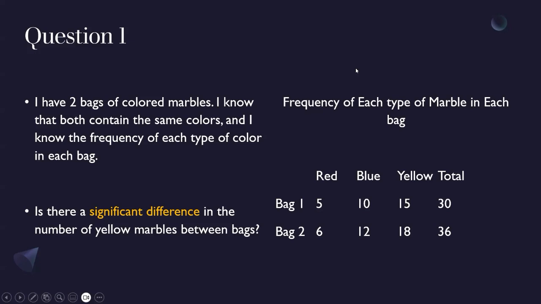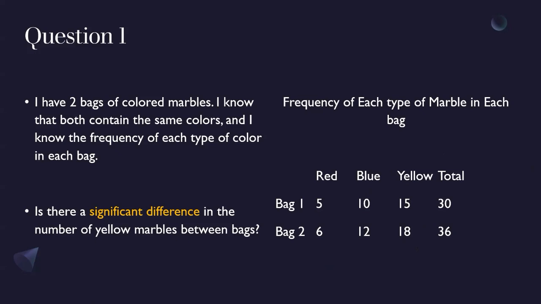Now, if we look at the numbers here, our question is focused on yellow marbles. Just looking at the numbers, we see bag 1 has 15 yellow marbles, bag 2 has 18 yellow marbles. We notice the total for bag 1, however, is 30 marbles, and the total for bag 2 is 36 marbles. If the denominators were the same, we could obviously say that bag 2 has more yellow marbles than bag 1.